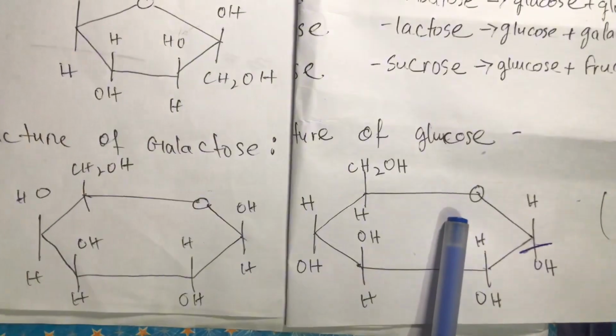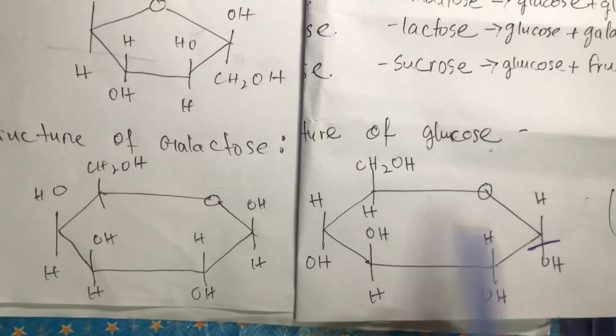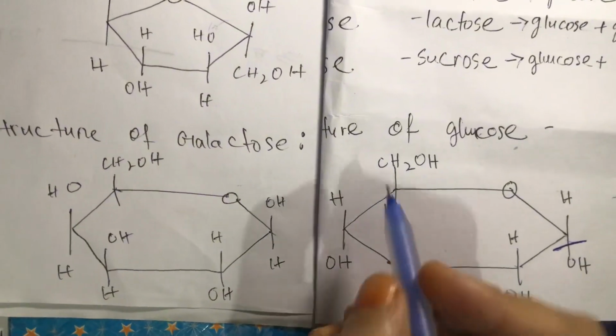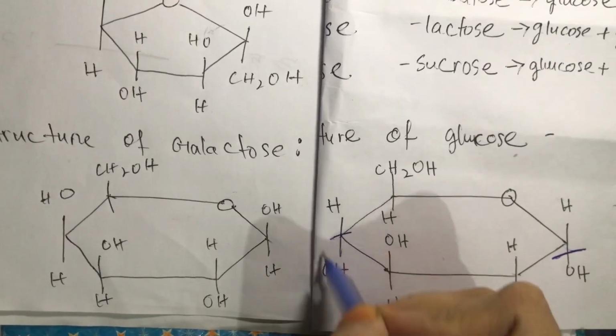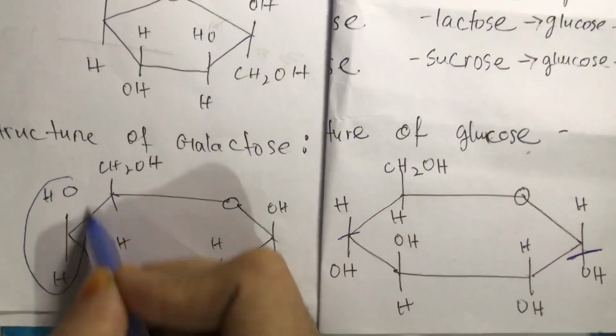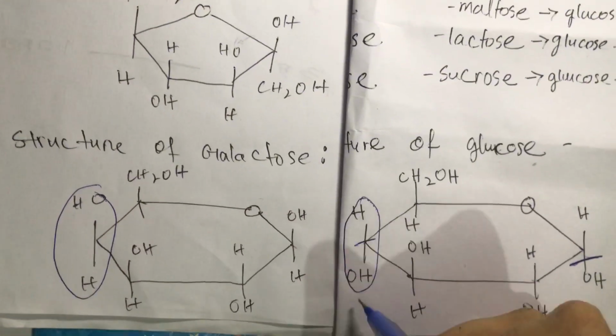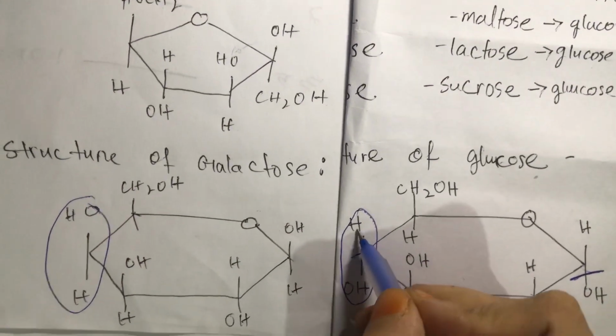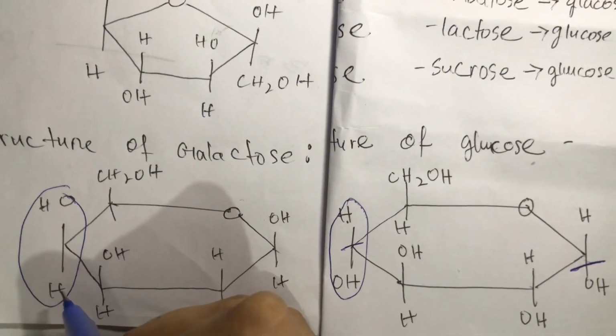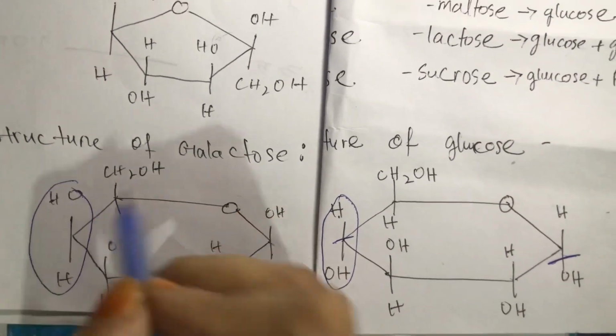This is the structure of glucose. It's the same, but the hydroxyl group is inverted in the carbon over here. The OH is down and the H is up in glucose, whereas in galactose the H is down and the OH is up.